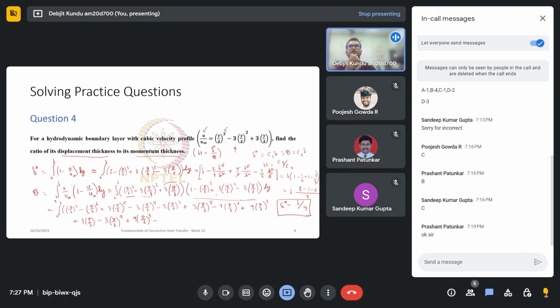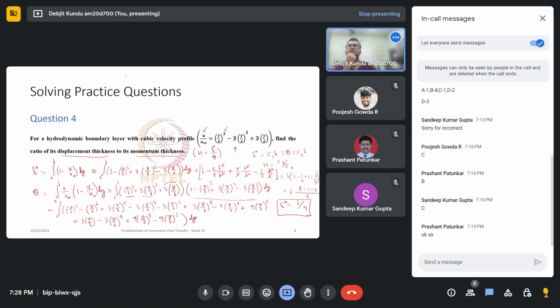Yeah, so 3399. Okay, so the last one would be minus 9 y by delta squared, this entire thing dy. So I'll write the integration over here on top.